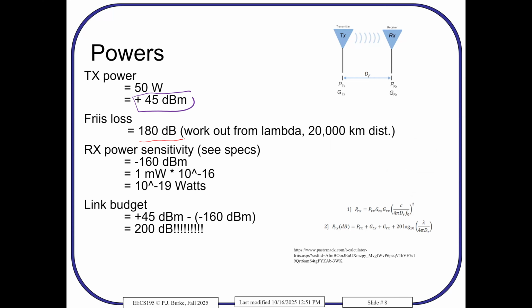So the free space loss is 180 dB. That's this equation here, 20 log base 10 of lambda over distance, that we discussed in the radio theory section. So the received power is equal to plus 45 dBm minus 180 dB.